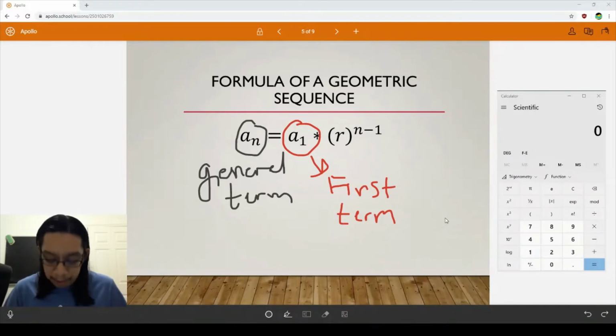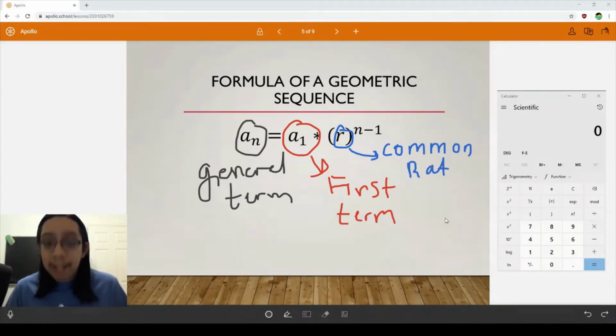And then finally, just like arithmetic sequences with the tiny difference of the letter change, the letter r here stands for the common ratio. Again, that's the number that you're going to be multiplying by in order to continue your sequence. And you find that number by taking the first two numbers in your list and dividing them.